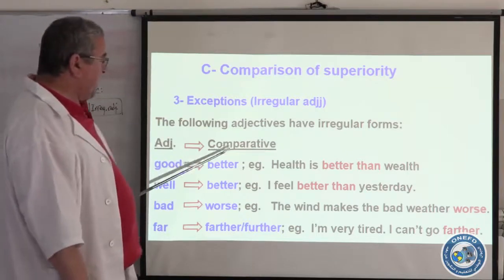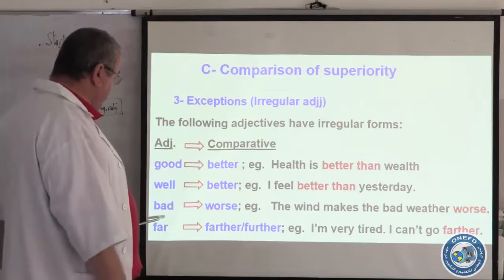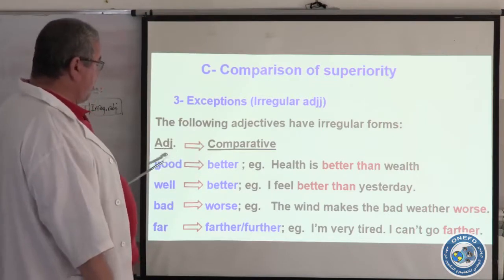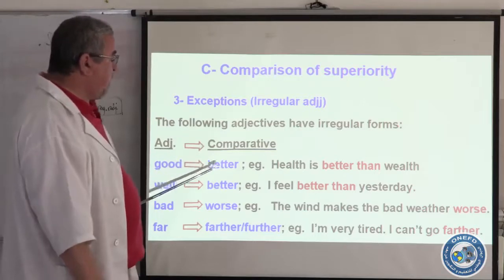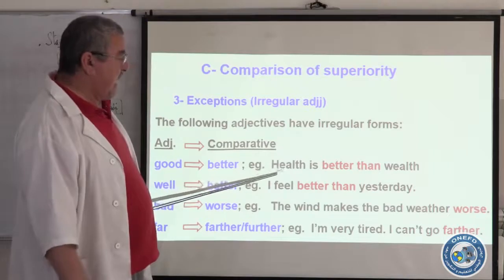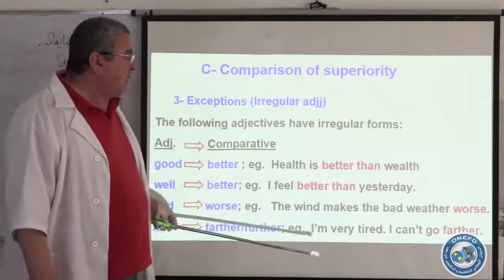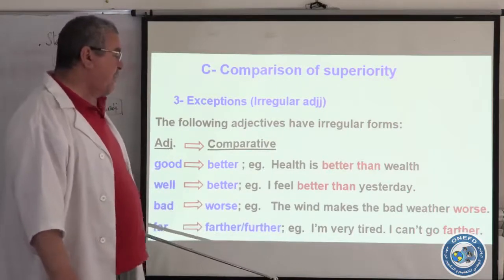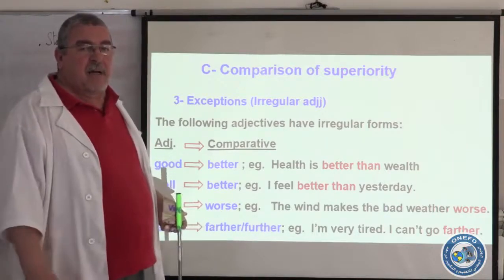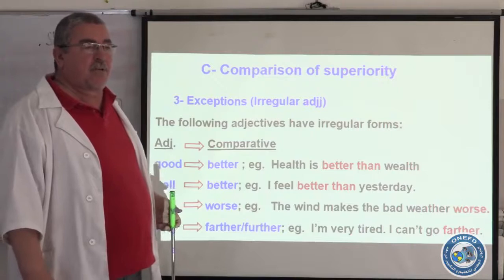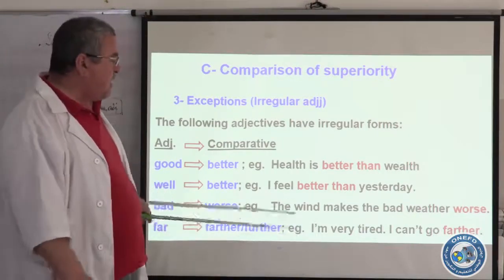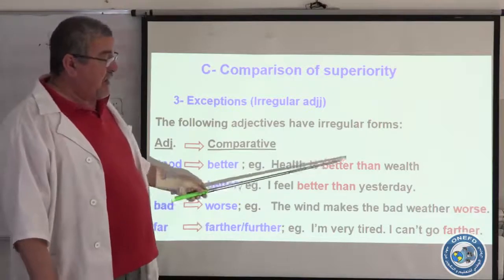Here are the adjectives, and here are their comparatives. So good becomes better. We have an example here. Health is better than wealth. This is a well-known proverb. You all know that it's better for us to be in good health rather than to be rich and sick. So health is better than wealth.